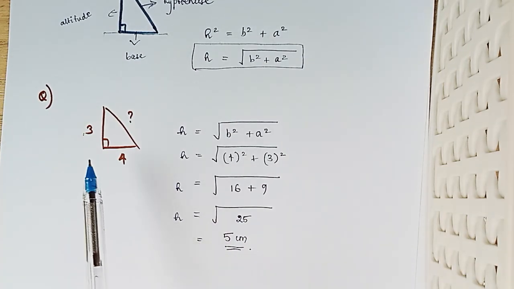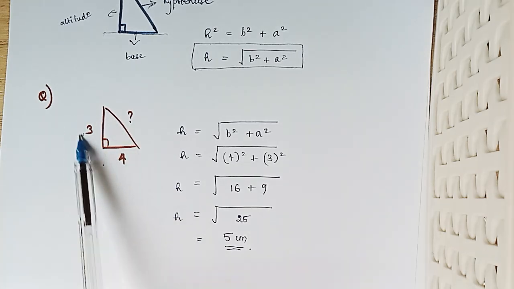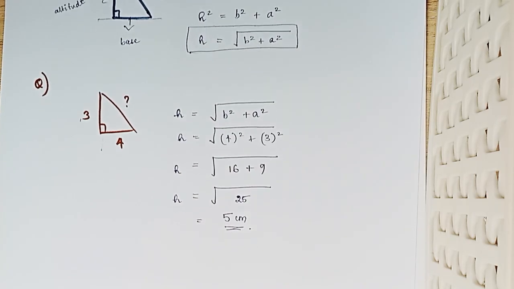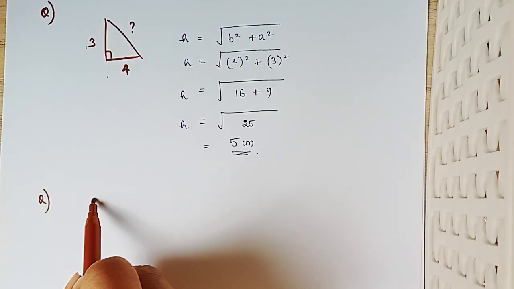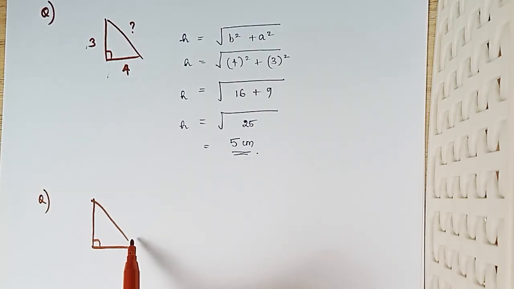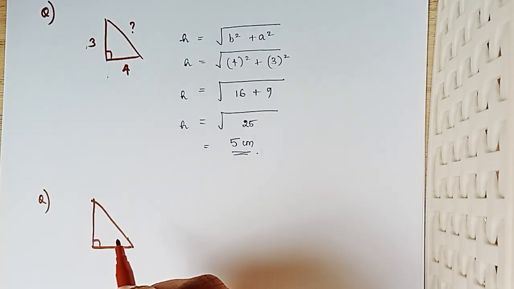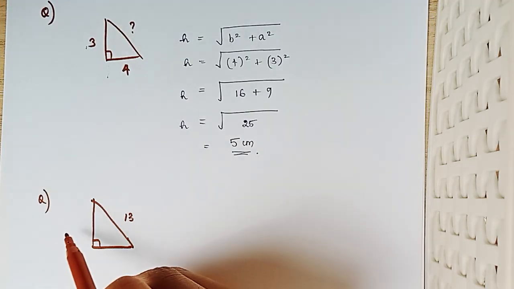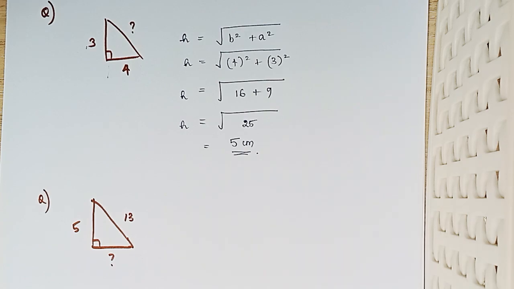Like this, you can find the altitude and the base. How do you find the altitude or the base if the hypotenuse is given? Let's do that with another question. If in a right angled triangle, the hypotenuse is 13 centimeters and the altitude is 5 centimeters, what is the base?